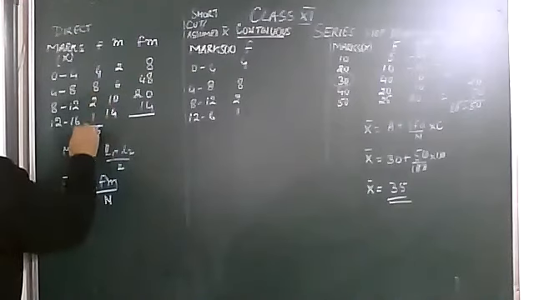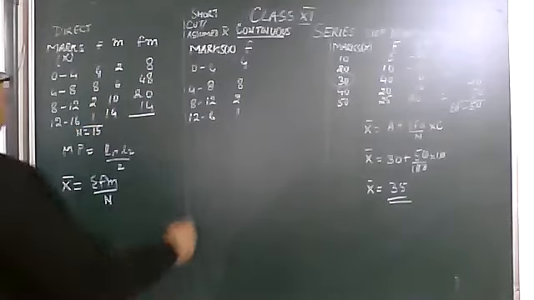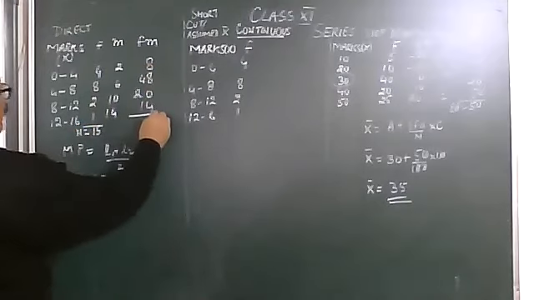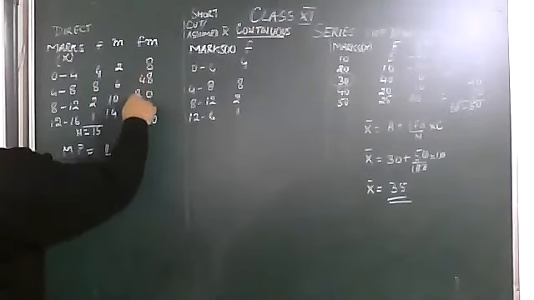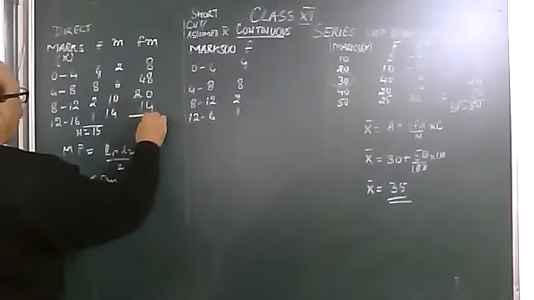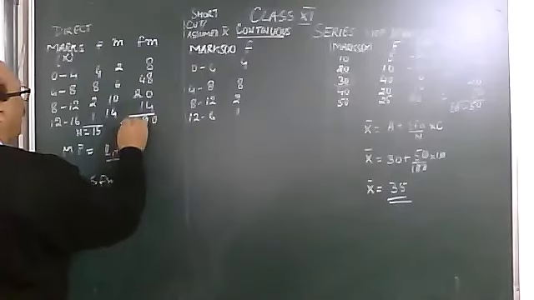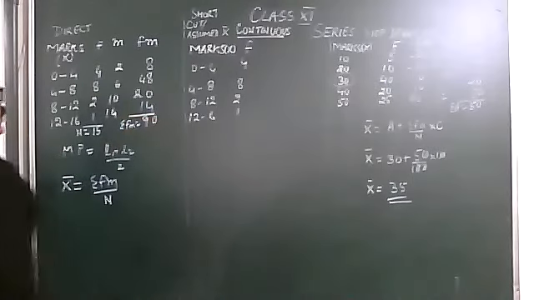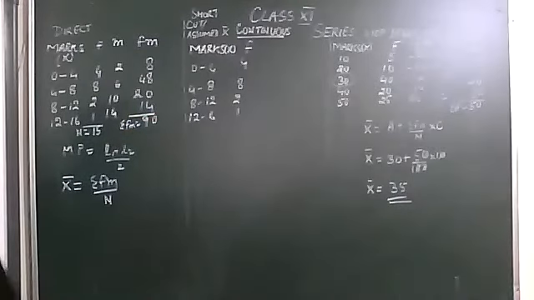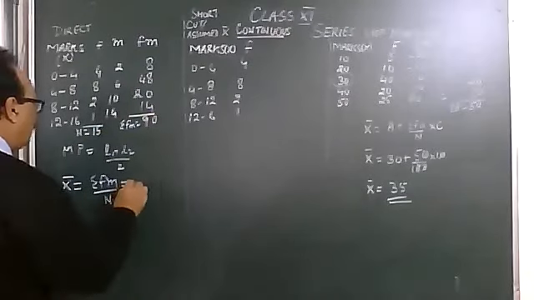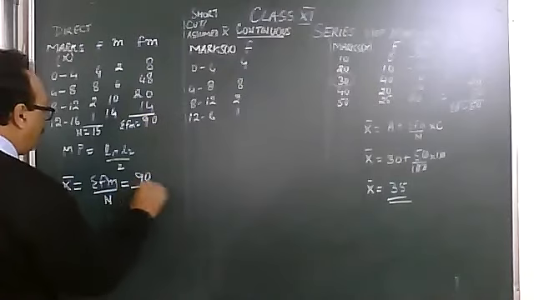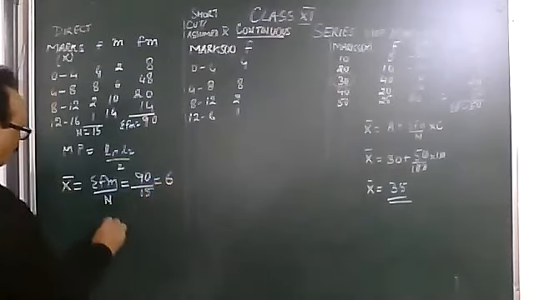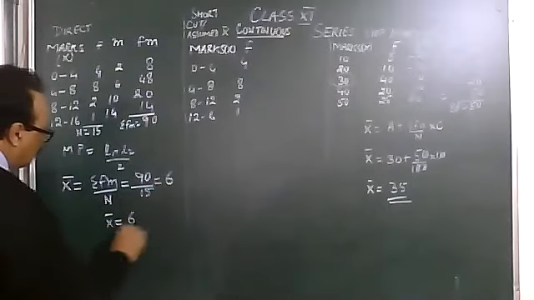This is n is equal to 15. And here 8 and 48, 56 and 20, 76 and 14, 90. This is sigma fm is equal to 90. Substitute these values calculated in the formula. That is equal to 90 upon 15. That is equal to 6. Mean is equal to 6.